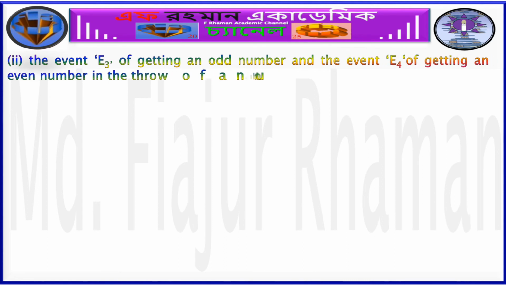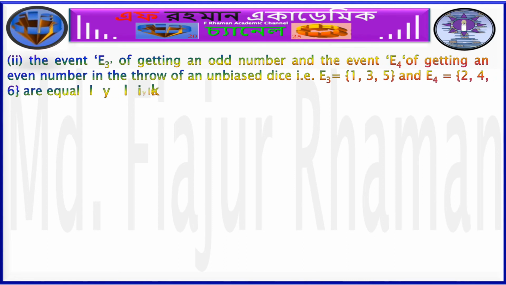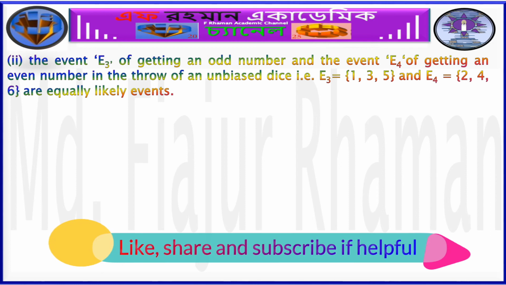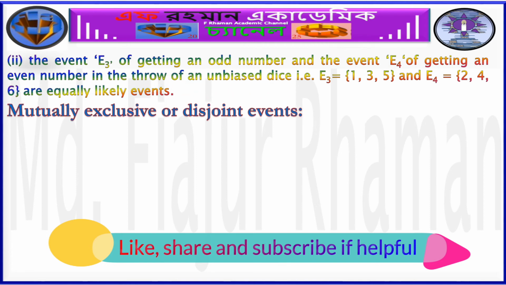Example 2. Event E3 of getting an odd number and the event E4 of getting an even number in the throw of an unbiased dice, that is E3 = {1, 3, 5} and E4 = {2, 4, 6}, are equally likely events.